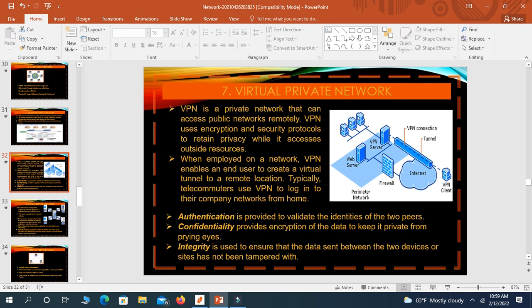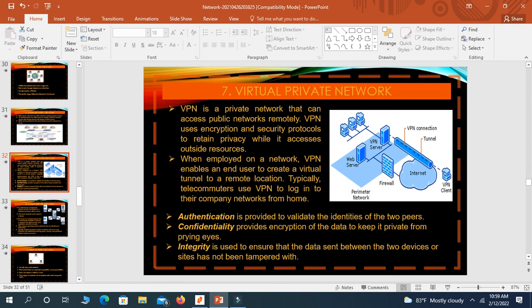And as you can see, they are telling that authentication is provided to validate the identities of the two peers. Confidentiality provides encryption of the data to keep it private from prying eyes. Integrity is used to ensure that the data sent between the two devices or sites has not been tampered with.